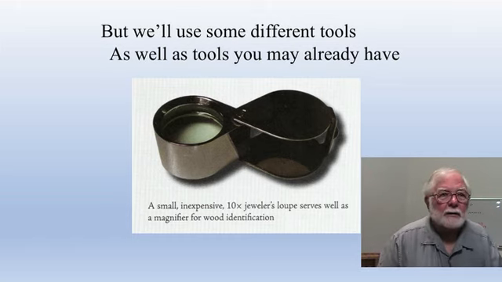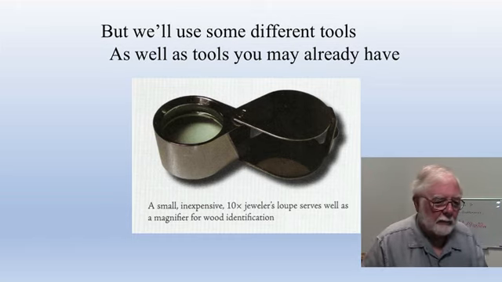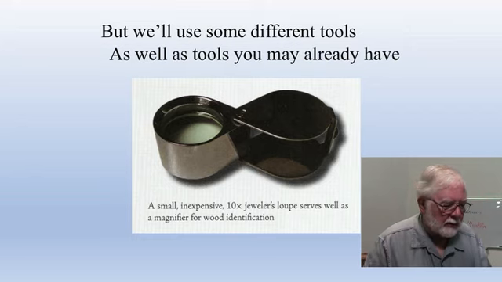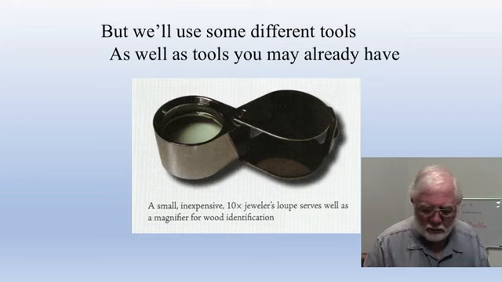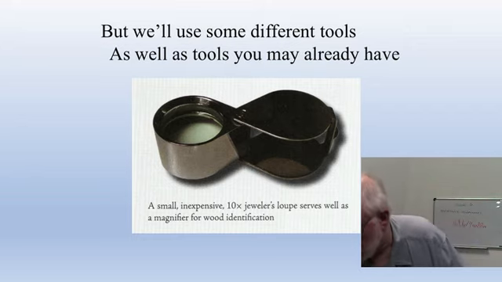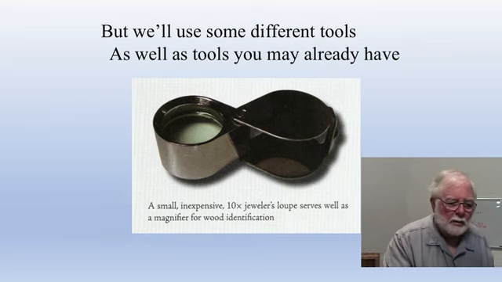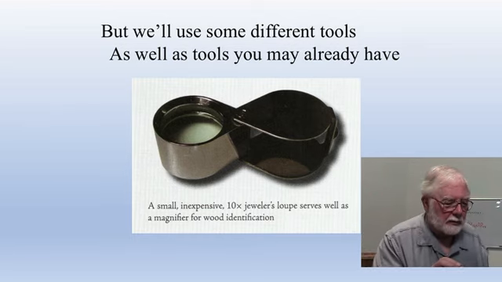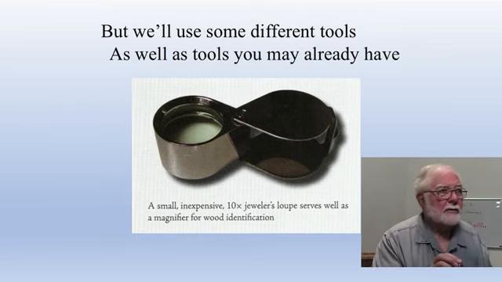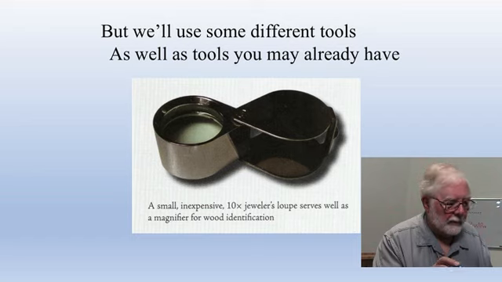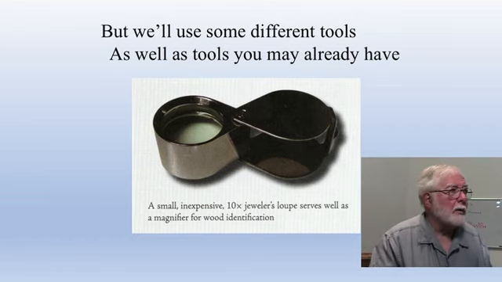Well, you can get some inexpensive but good loupes. I just bought these a couple weeks ago. I think they're like $6 or $7. But you can spend 20 or however much you want on a loupe.